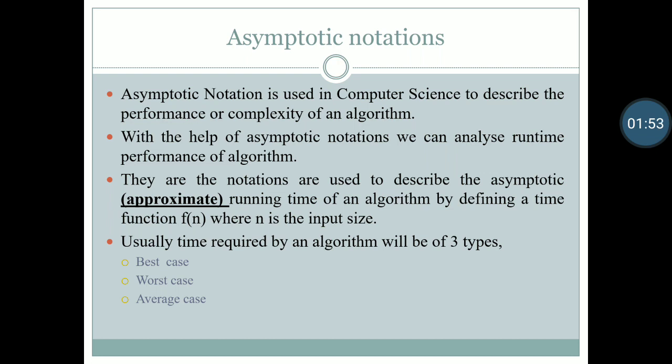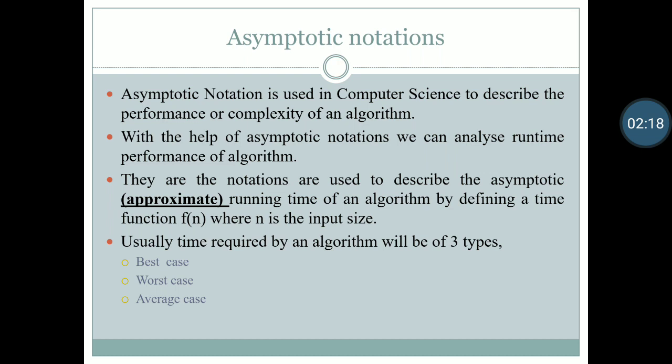By analyzing that function on the basis of our best case, worst case and average case, we will know the different time cases for our time complexity, and from that we will find the running time of the algorithm.